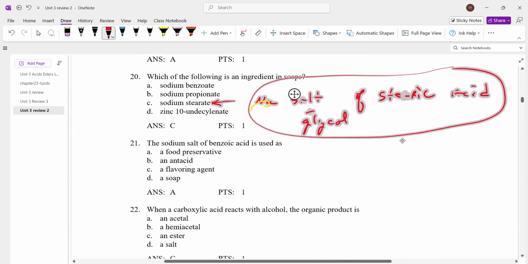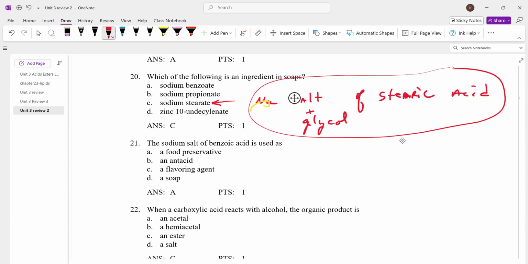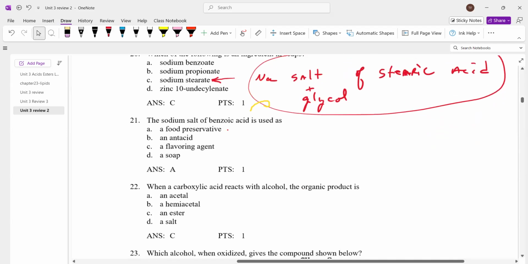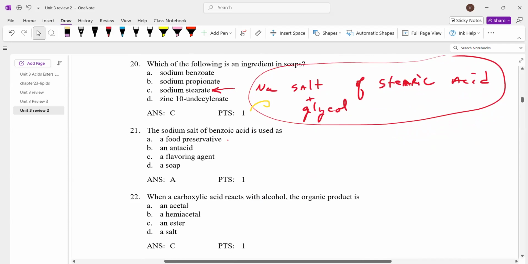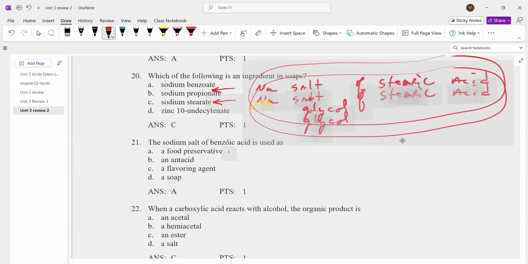Okay, the sodium salt of benzoic acid is called sodium benzoate, and sodium benzoate is used all over the place. The problem with sodium benzoate, by the way, is it's easy to convert. So this is what sodium benzoate looks like.